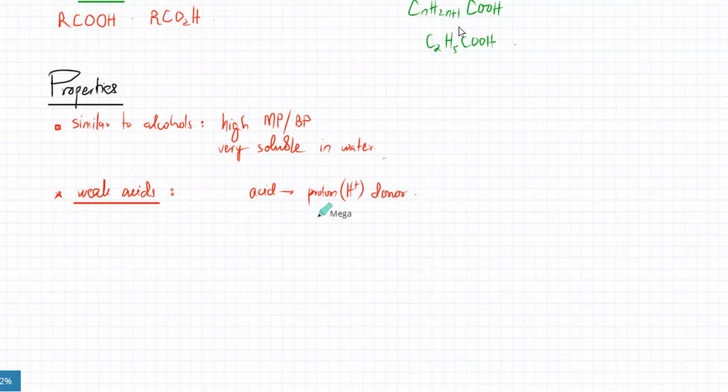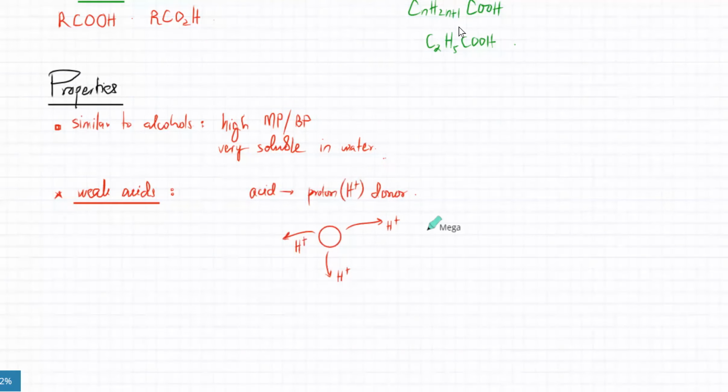So what does weak mean? Weak means it's a molecule that gives H+1 ions to others. Anything that gives off H+1 ions, that is an acid. So the definition of a weak acid is that it will do all this, but do it less.